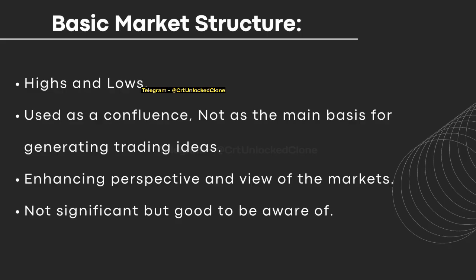Third thing is that basic market structure is not that significant in its core concept inherently, but it's good to be aware of to build your subconscious biases and subconscious ideas surrounding price when you're dealing with it. Now remember, I'm talking about basic market structure here, and not the advanced one. There's a difference between the two, and we're going to explain the advanced market structure once we go through this one right here.